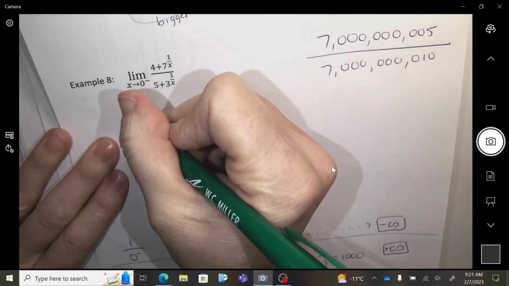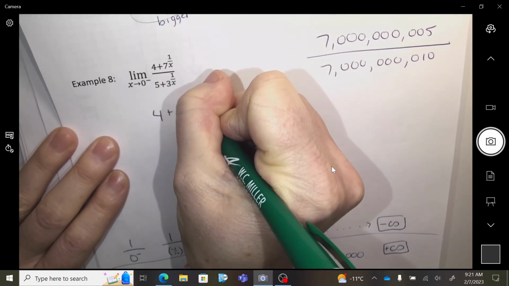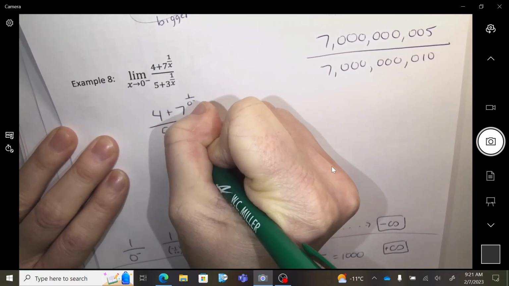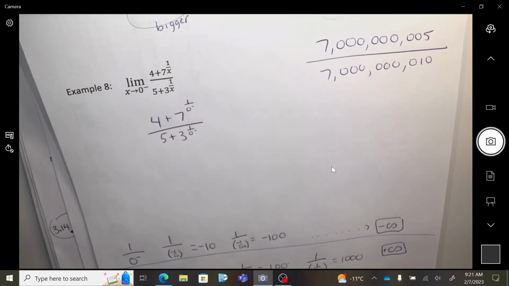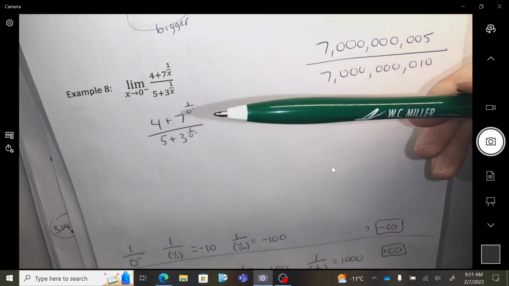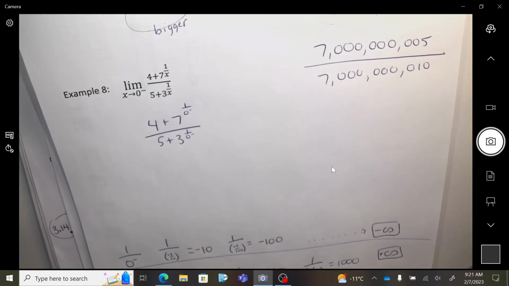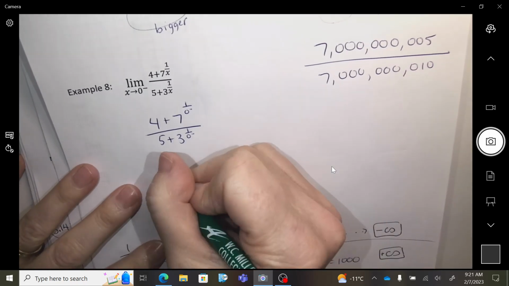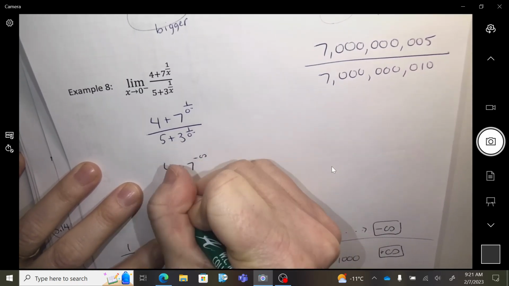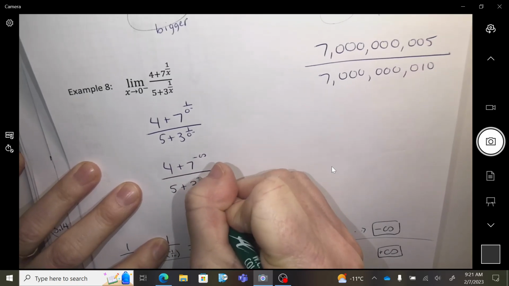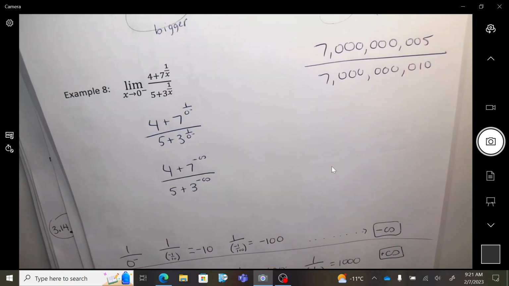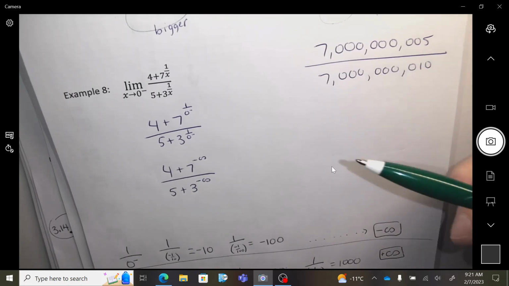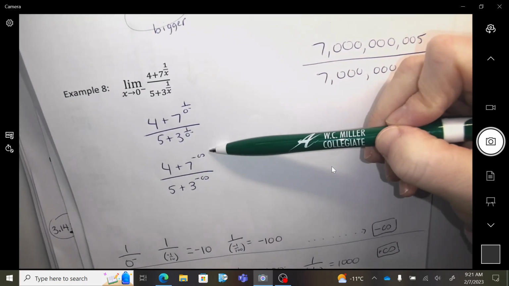Last one. So thinking about what would happen if there was a 0 on the negative approach. Okay, we understood from what we drew out that this would be a negative infinity.